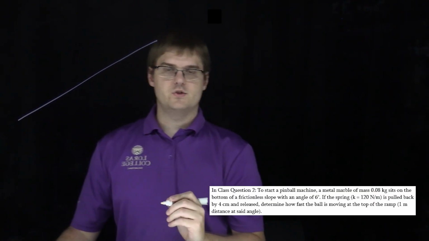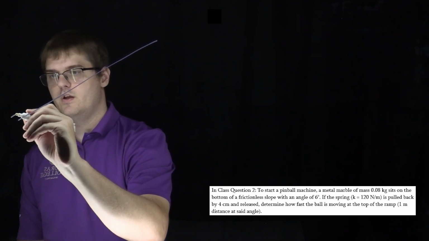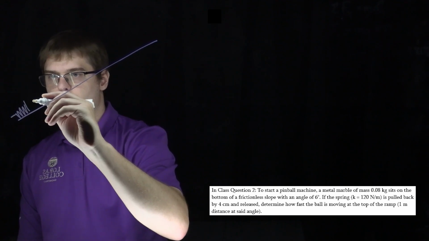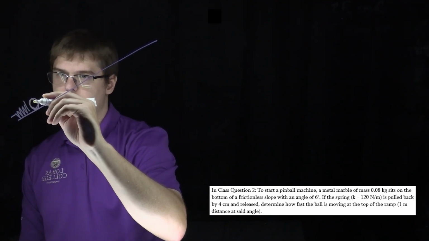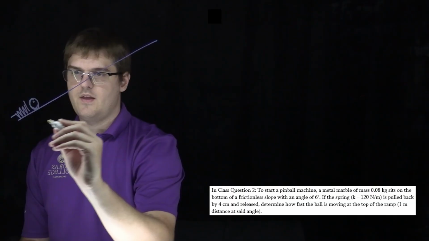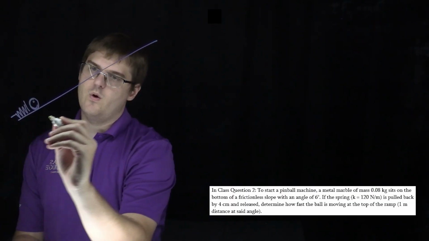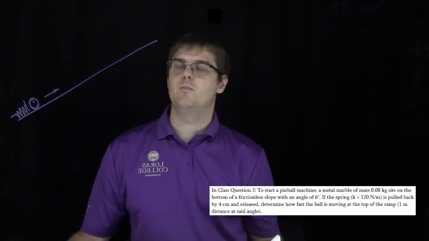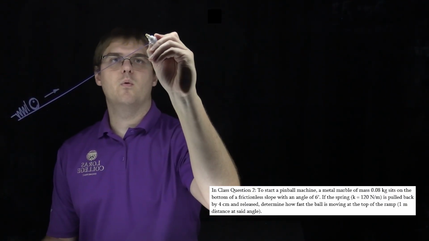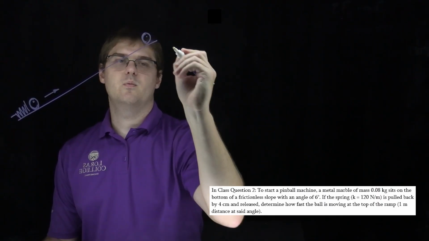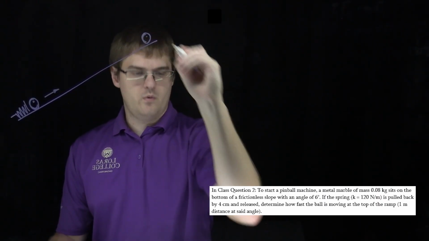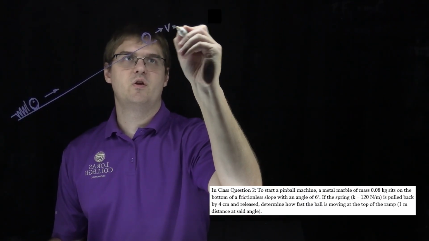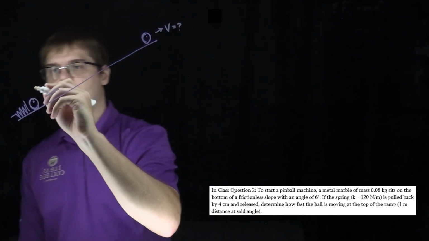For this question, I have a pinball machine, and I've got a spring with my pinball on it. And that spring is going to shoot the pinball up a ramp into my pinball game. What I want to know is, when I release that spring, what is my velocity when I get to the top of my ramp?